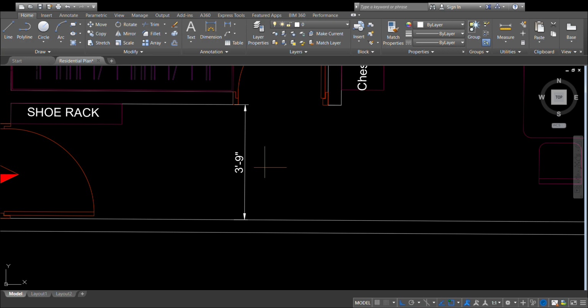But in the case of compact flats, residential flats or some compact layouts, 2 feet 9 inches is also fine. So you can always add or subtract 3 inches to the standard measurement. If the standard measurement is 3 feet, for small spaces 2 feet 9 inches will also be fine.